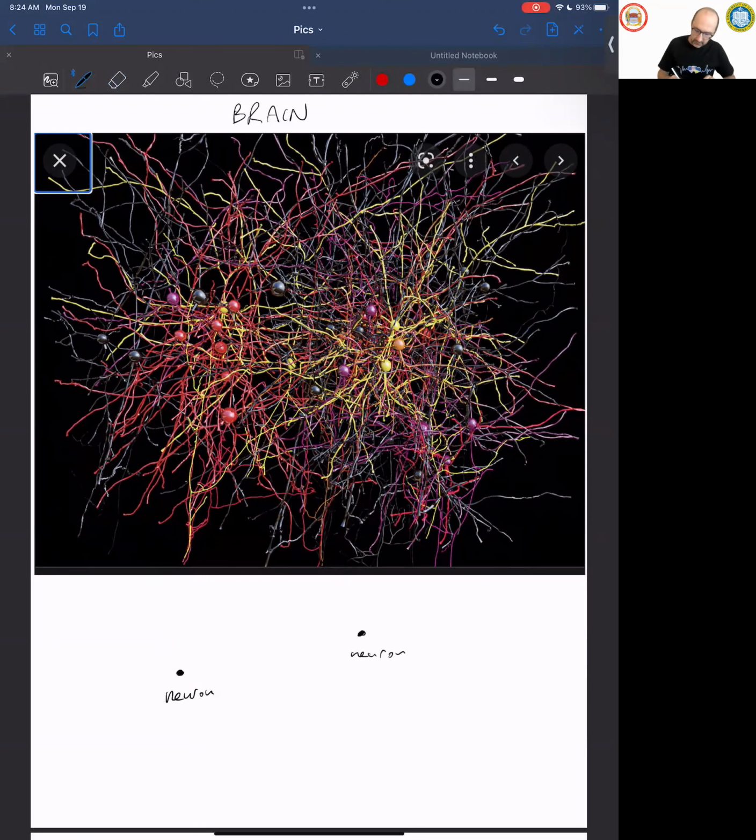Each neuron has little tentacles. I think they are called axons, and they are connected by these axons, and they send information. They talk between each other. This way, it's a very complicated system.